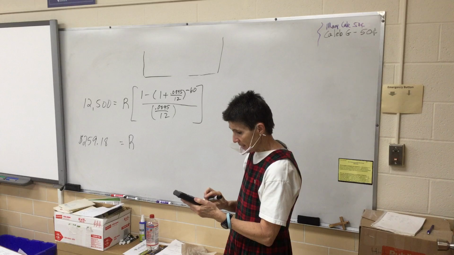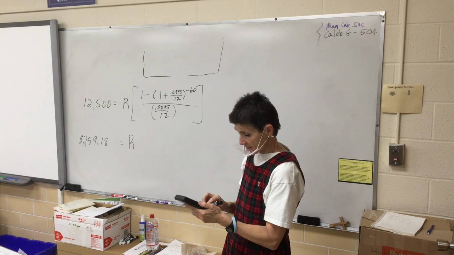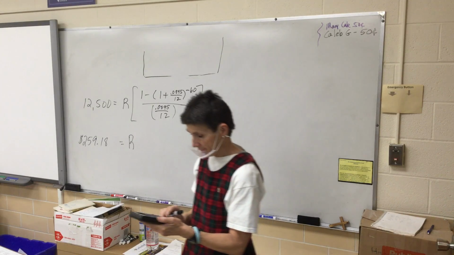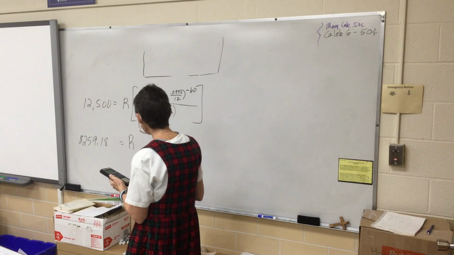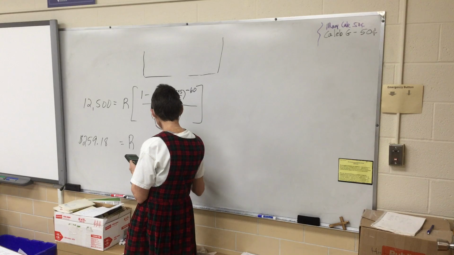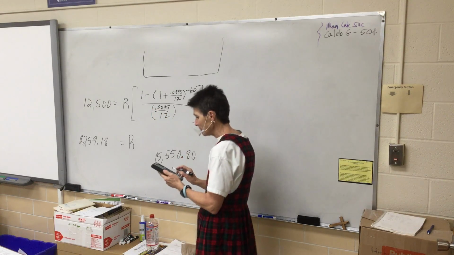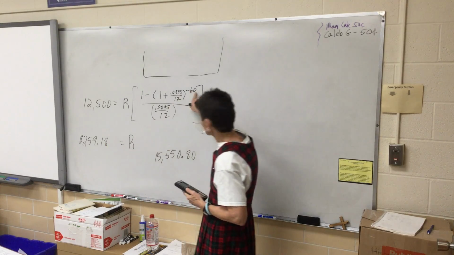So $259.18, 60 months. So in terms of the payment amount, it's gonna be $15,550.80. That's gonna be my payment amount, if I make this much per payment for 60 payments.